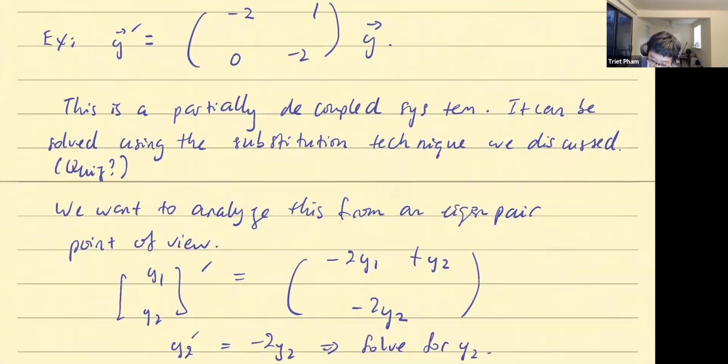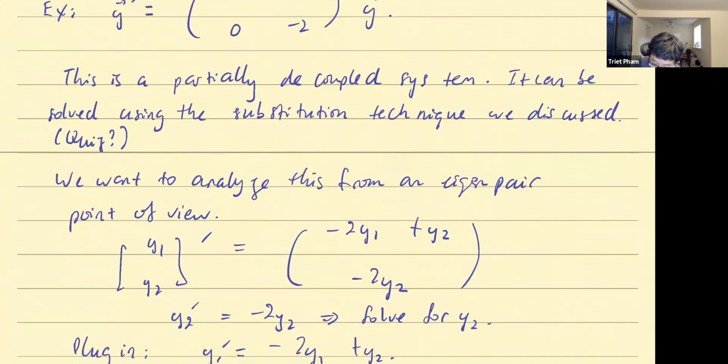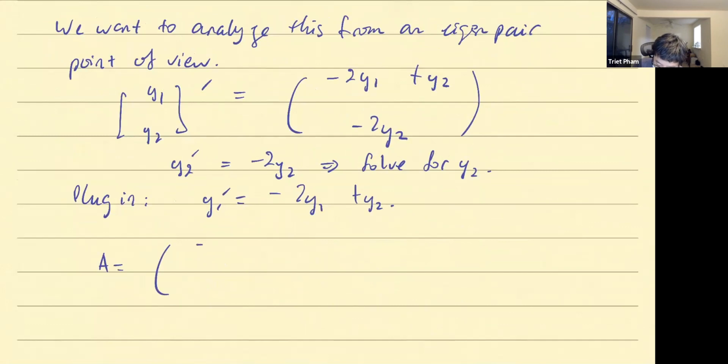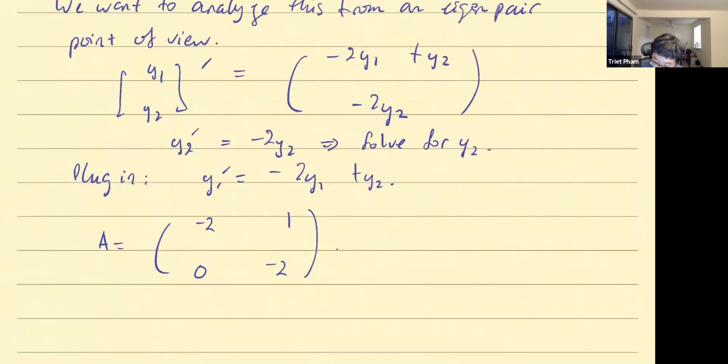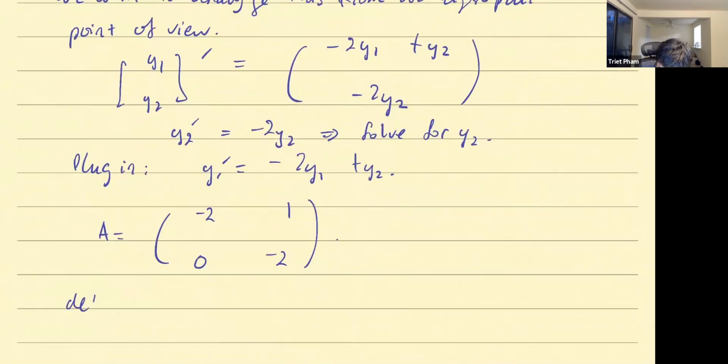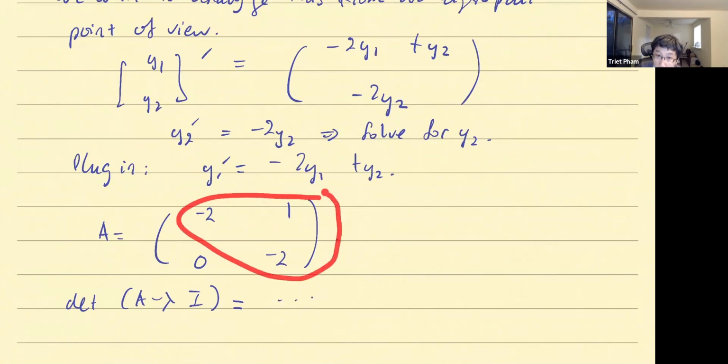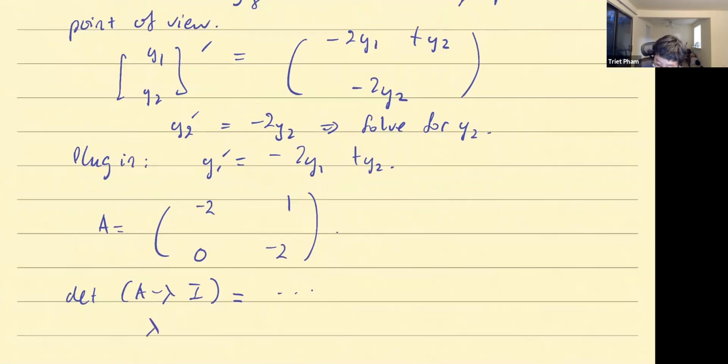So first, to repeat, A is [-2, 1; 0, -2]. We need to find eigenvalues. The determinant of A minus lambda I would work, but actually we don't need that. This is an upper triangular matrix, so the eigenvalues are right there on the diagonal: lambda equals -2.